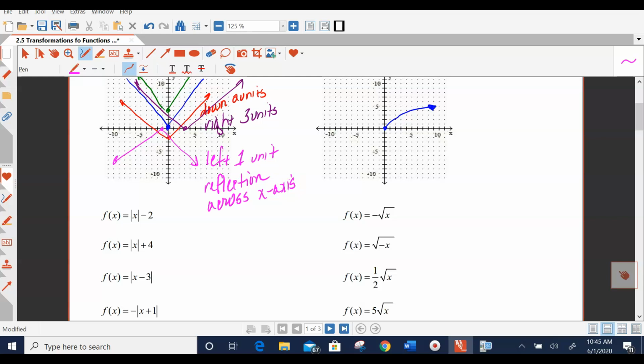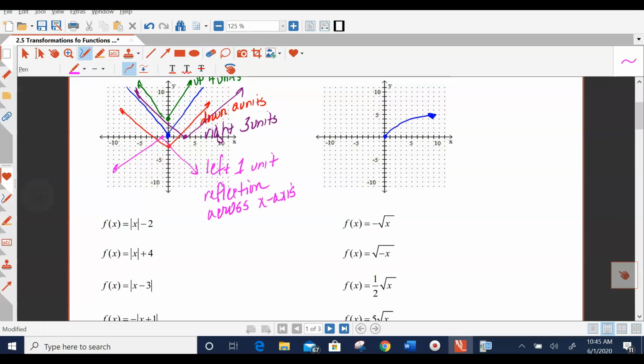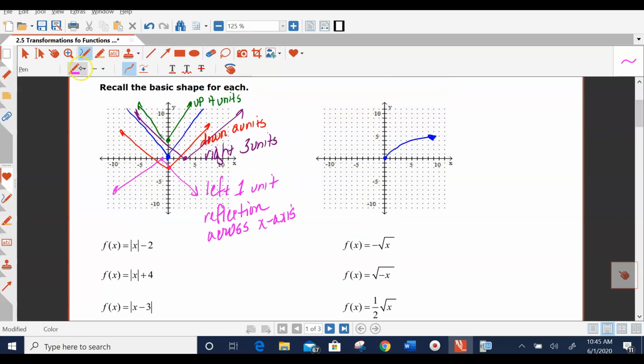So taking a look at the basic shape, the absolute value shape was just that blue one. That was just the absolute value of x, the basic V shape. What happened when we subtracted 2 from the absolute value? It went down 2.